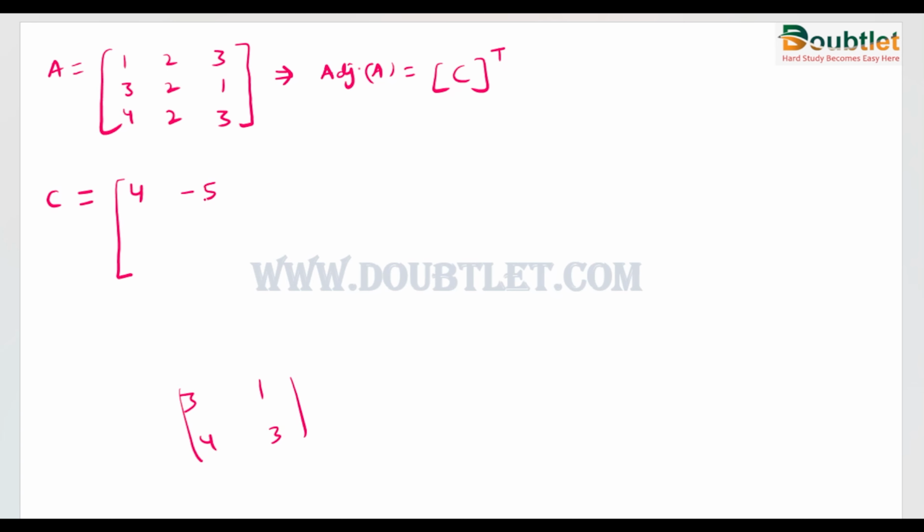We will write the minus sign here, so this is minus 5. Now for the third element, it is the determinant of 3, 2, 4, 2. So 6 minus 8, this is minus 2. So we will write it here as minus 2.